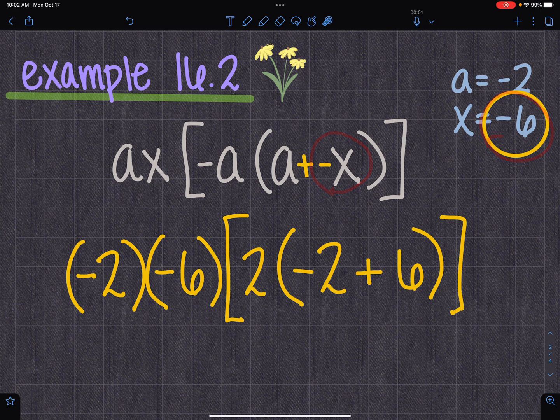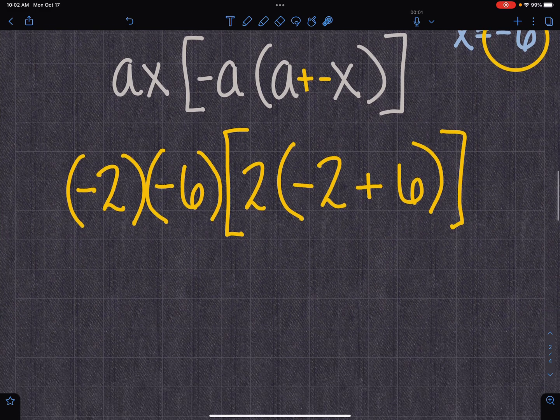And that's why it ends up being plus 6. Okay, that can get tricky to do in your head. So if you're confused by it, use the other method where you just bring down all the parentheses. But if you can do that in your head, then that's kind of a shorter way.